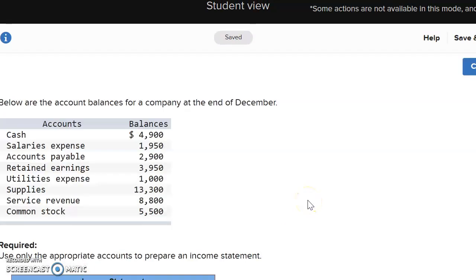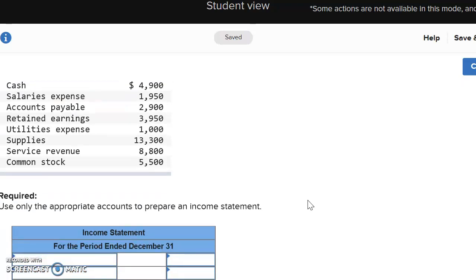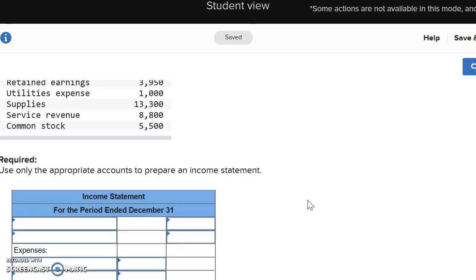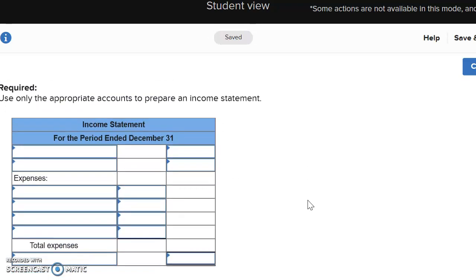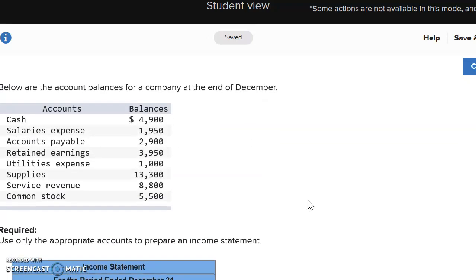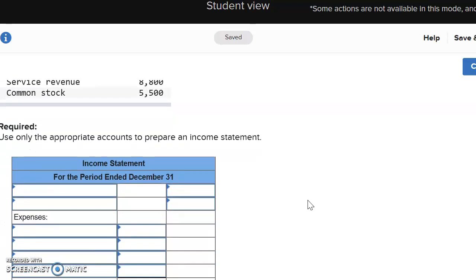Okay, so this one shows balances for a company at the end of December, and they want you to pick out the accounts that you need from those to prepare the income statement. Okay, so you can just write this out on a piece of paper, and again, there is your input. So just choose only what you need for the income statement.